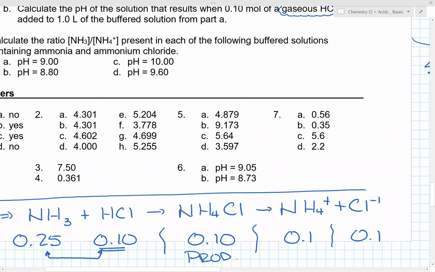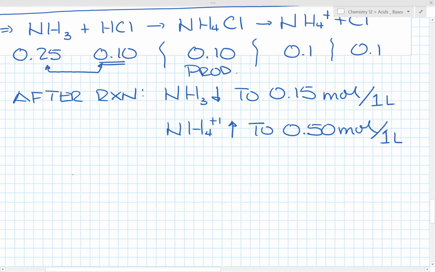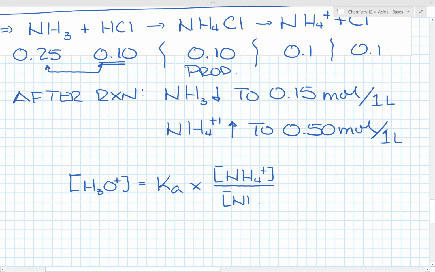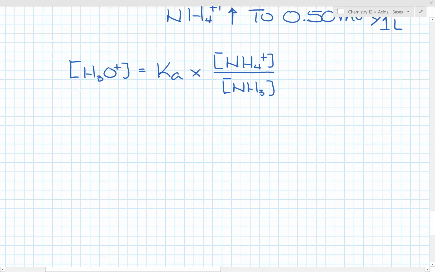So what you could do is concentration of H3O plus is equal to Ka times the concentration of, in this case, I believe it's NH4 plus, all over concentration of NH3. So here, what would be the Ka?